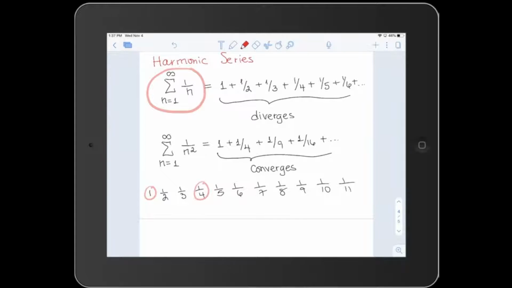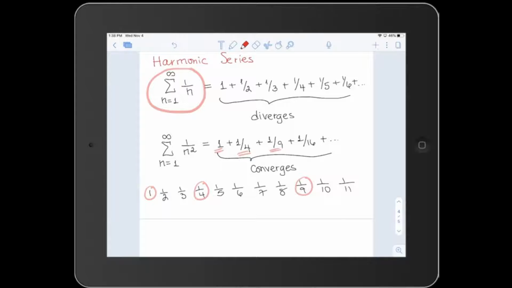The next one is 1 over 9, so I'm just picking these fractions. And then 1 over 16, an even bigger gap, and then 1 over 25, an even bigger gap. So I'm just picking values from the sequence of fractions, and the gap gets bigger and bigger.